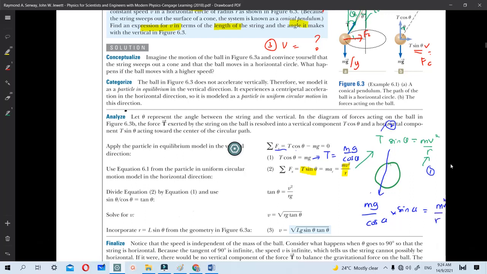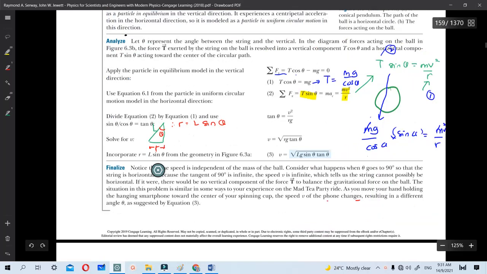So sin and cos, when combined, sin divided by cos, becomes tan. And then m can be cancelled out. Writing it once again, we have g, and sin divided by cos becomes tan theta. On the right side we have v squared over r. Okay, we are almost done.